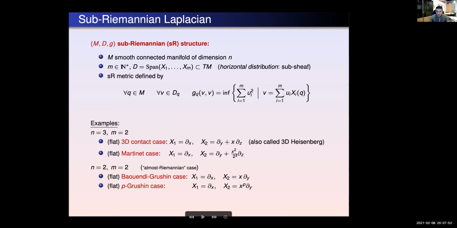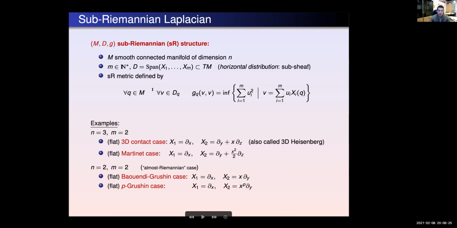The variant of it here is called the Martinet case. Another also very famous example, very much used for PDEs, is the Grushin case, which is in R^2. In R^2, you take two vector fields, but these two vector fields do not generate the whole plane along x equals 0. This is why you have a kind of degeneracy here that is of interest.